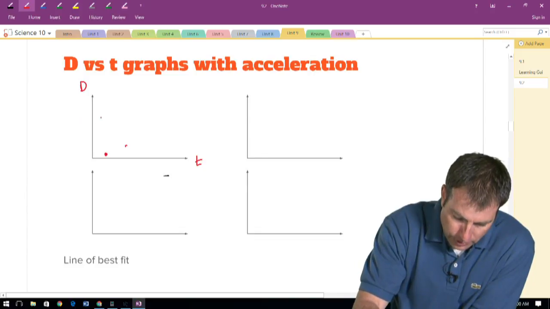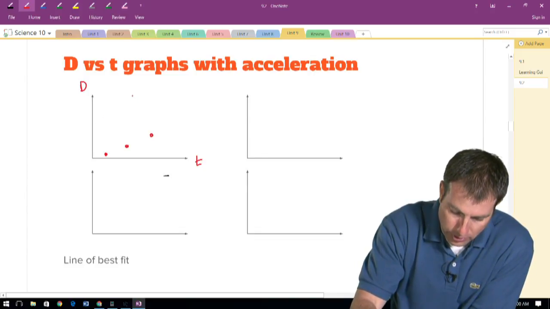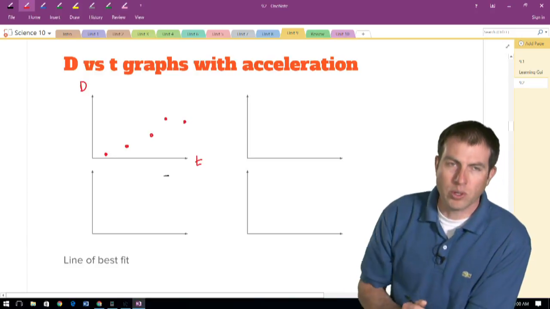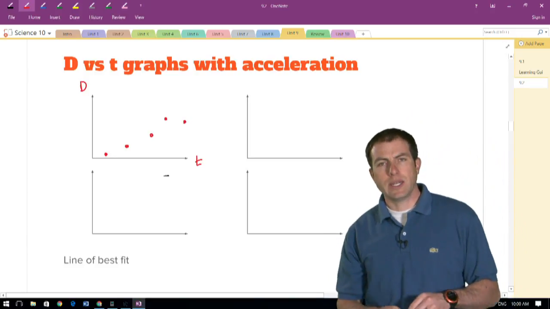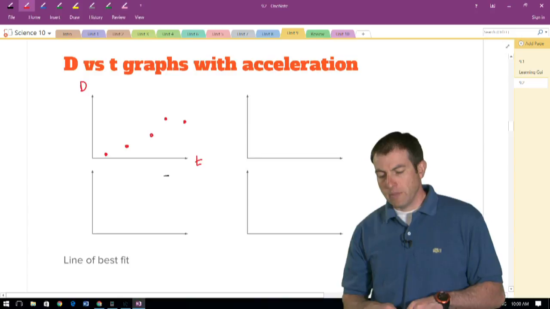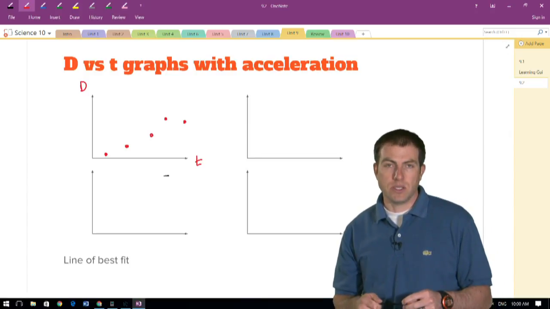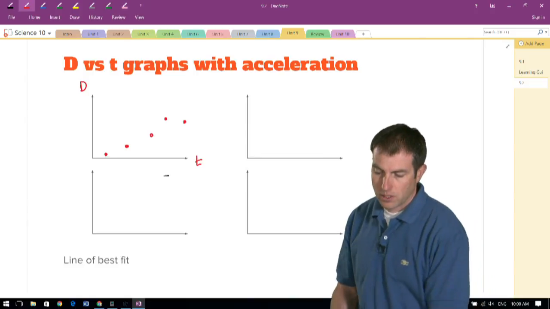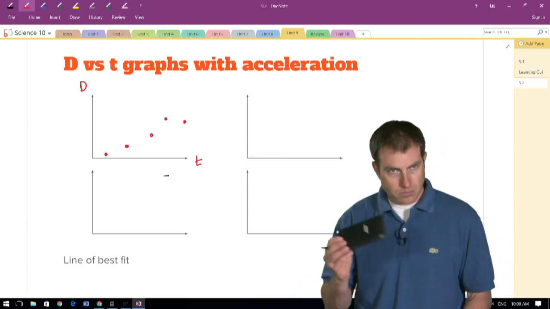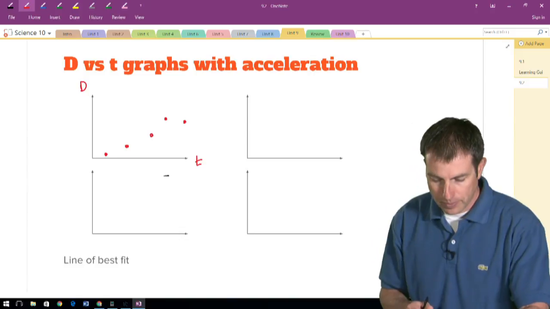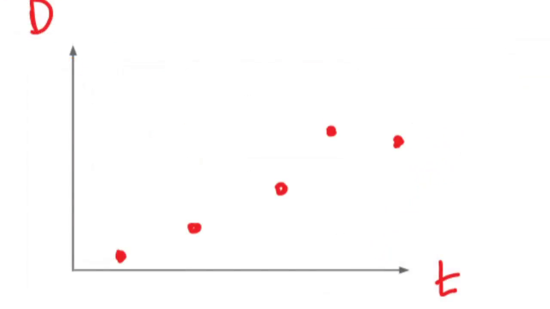I have a point here, a point here, a point here, a point here, and a point there. And I wanted to connect these points with a line to represent the velocity. Slope of a distance time graph is going to be velocity. So I pull out my trusty ruler, in this case the edge of my calculator, and I draw a line. Now, I want to hit as many of these points as I can, but sometimes I'm not going to go through all of them.